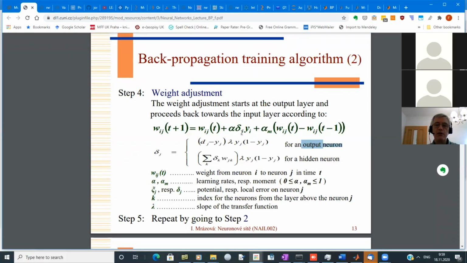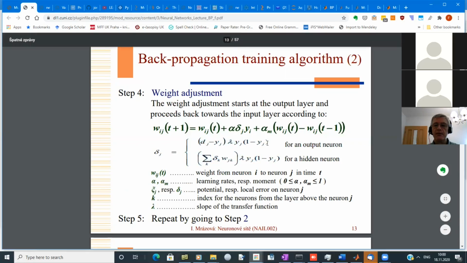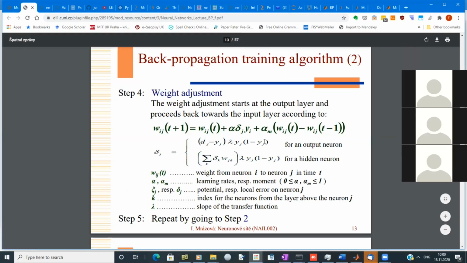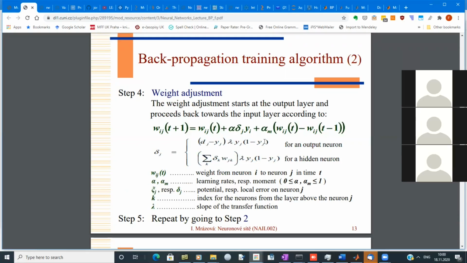We have just one neuron in the output layer, and for that we need to compute the delta term using this first formula. Okay, five students already know the answer. Yes, colleague Shubham already submitted the value.